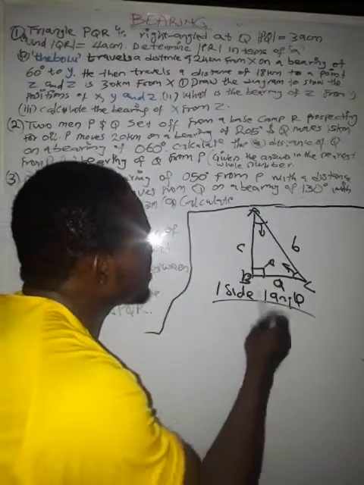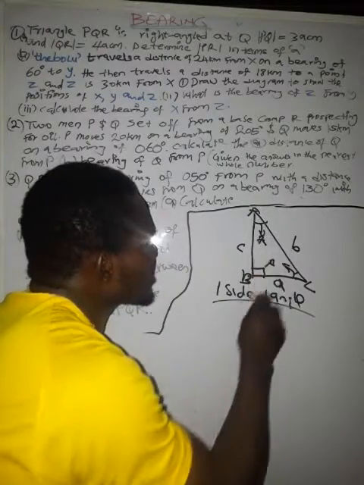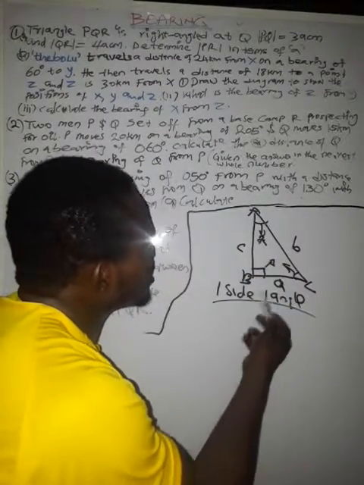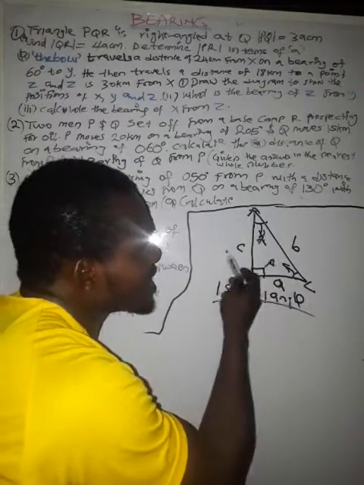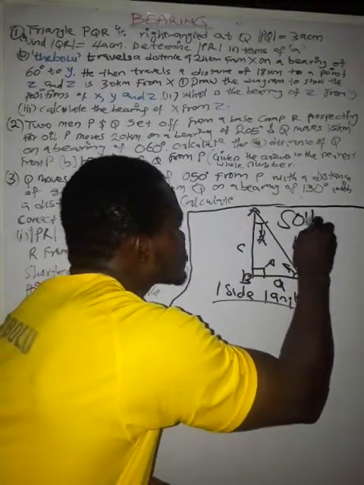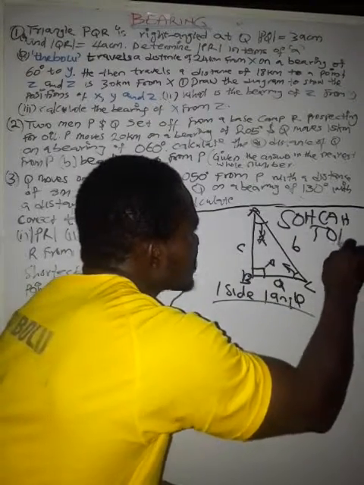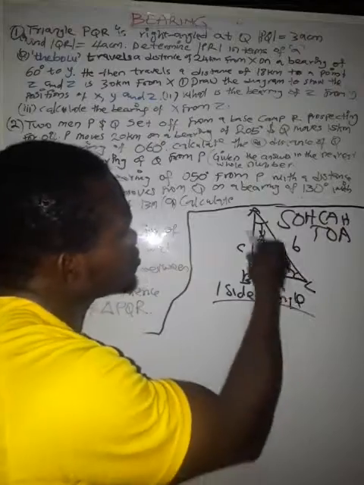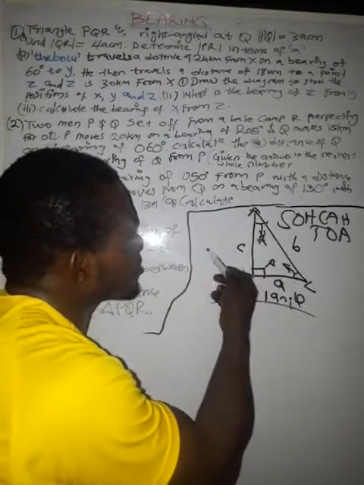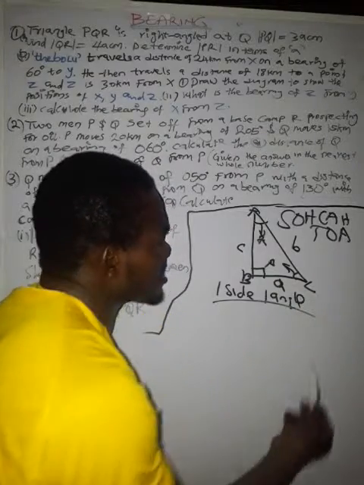So if we are having the angle here, this angle A, I have b and I need to calculate c. So I will just say adjacent, hypotenuse. And from the SOHCAHTOA, we now look at which one gives you what you read here. Adjacent, hypotenuse, that is cos.